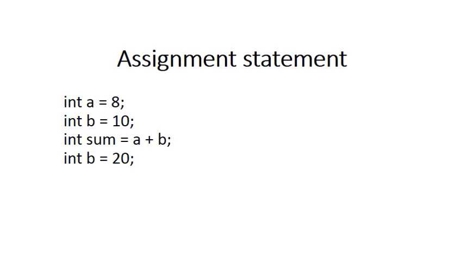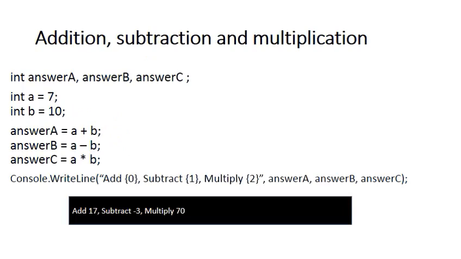The question now is, does sum now become 28 or does it remain 18? Even if b changes to 20 afterwards, sum remains 18. Very important to understand that. For those of you who've done spreadsheets, sum does not remember the formula. It just simply remembers 18 and it does not change if either a or b changes afterwards.